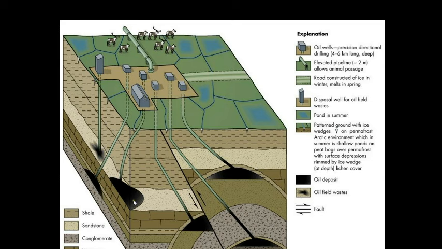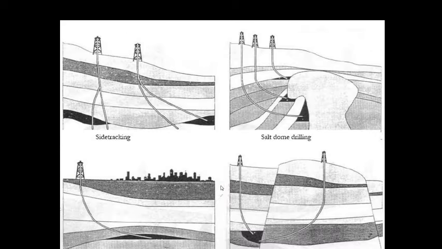Depending on the size of the well and the richness of the well determines what size of well you get. Here, notice, is an anticline. This would be a fault, and it's not clear what type of trap these would be. Here are different ways you can put the wells in.